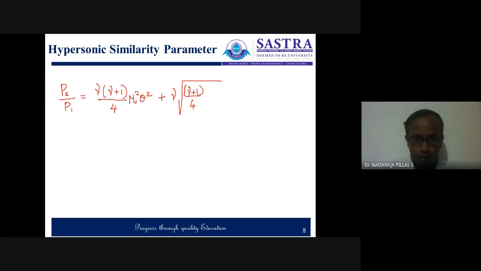Here I think this whole square will come, plus 1 by M1 square theta square, right? Which should be multiplied into M1 square theta square. So this becomes P2 by P1, correct?